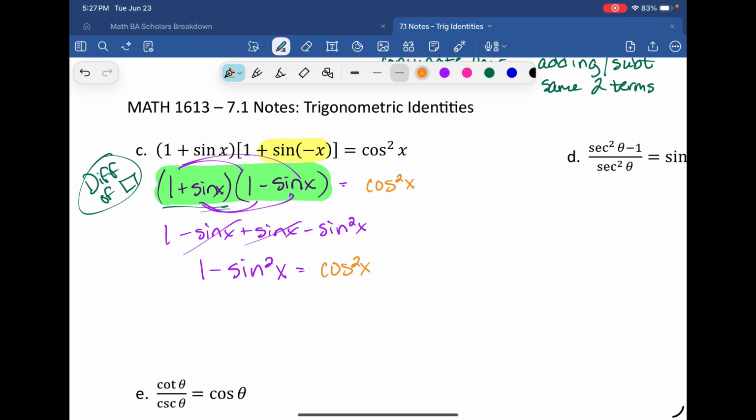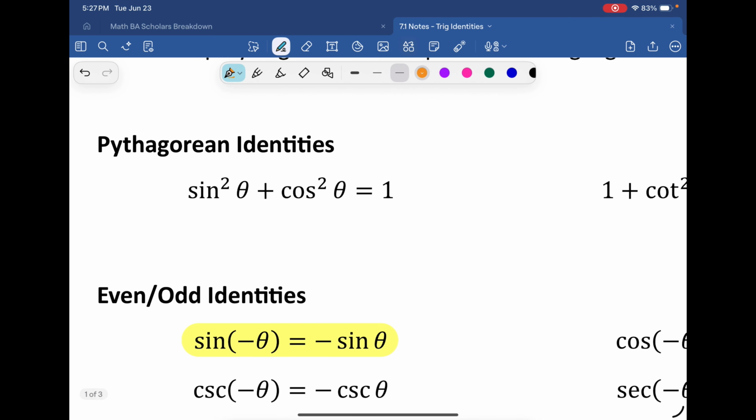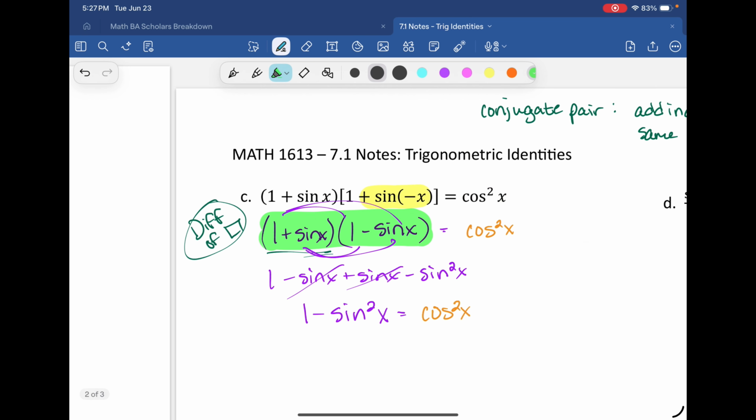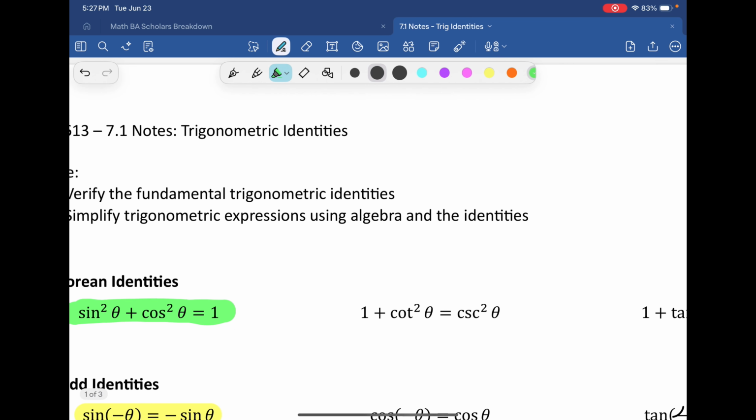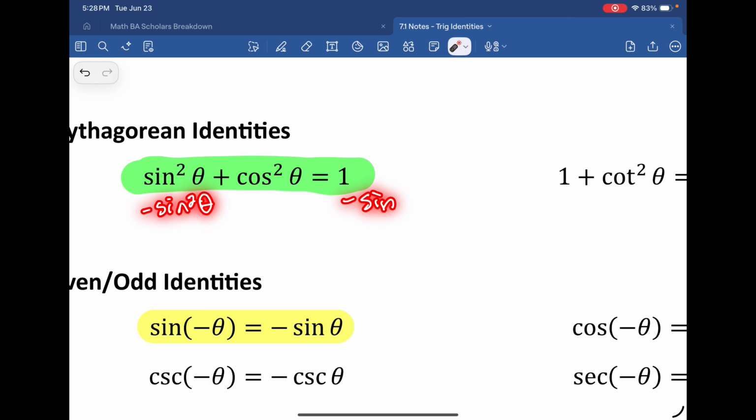All right, so let's go back to our identity. We're looking at this one. Sine squared plus cosine squared equals 1. Well, if I take this 1 and subtract sine squared, cosine squared equals 1 minus sine squared.